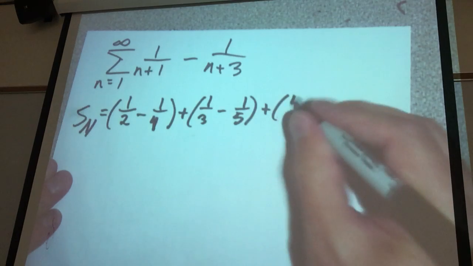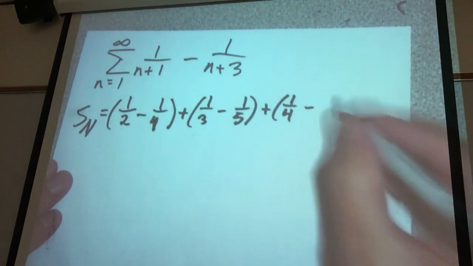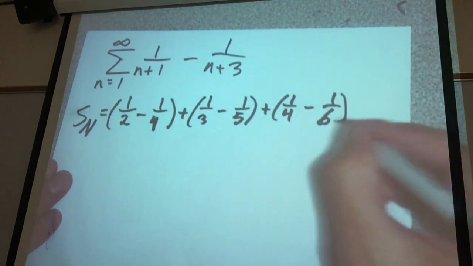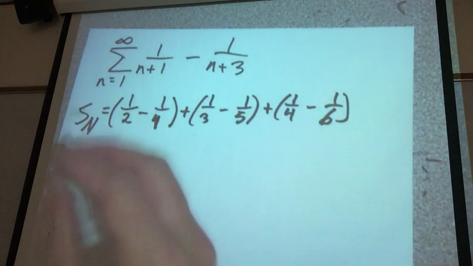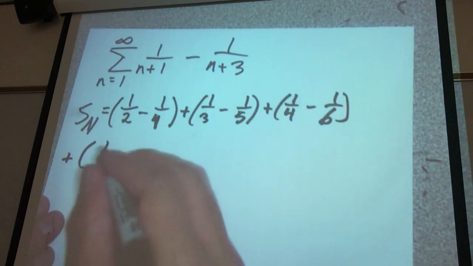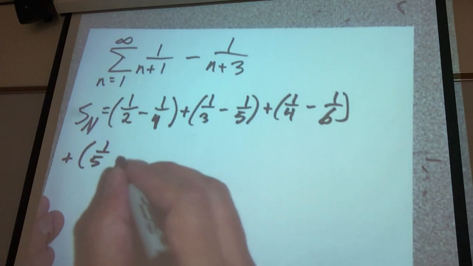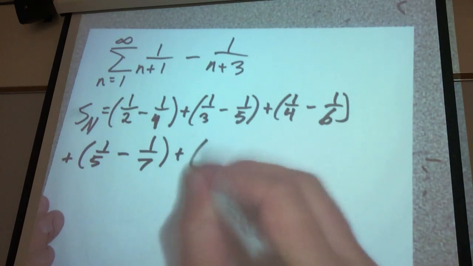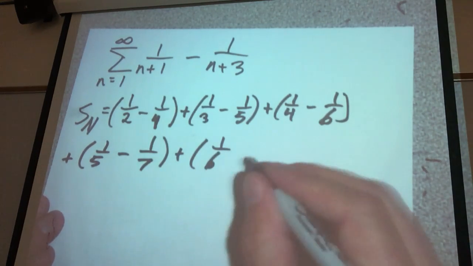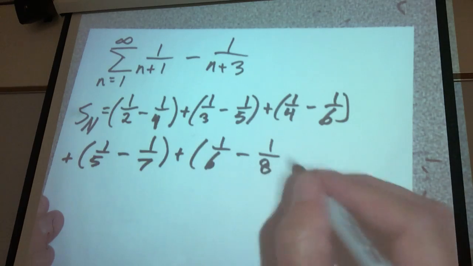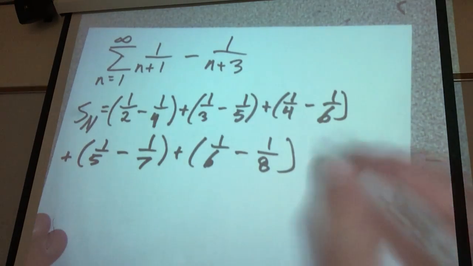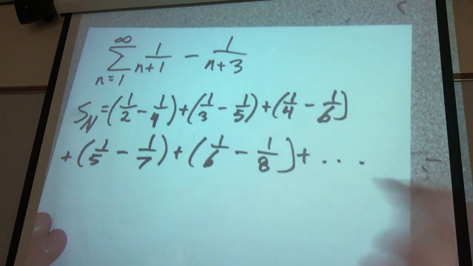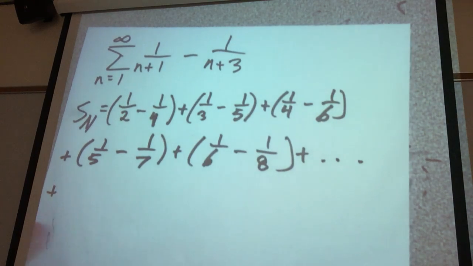And plus 1 divided by 4 minus 1 divided by 6. And then plus, now 1 divided by 5 minus 1 divided by 7. And plus 1 divided by 6 minus 1 divided by 8. And then we'll do plus dot dot dot. And we'll put a plus sign right there.